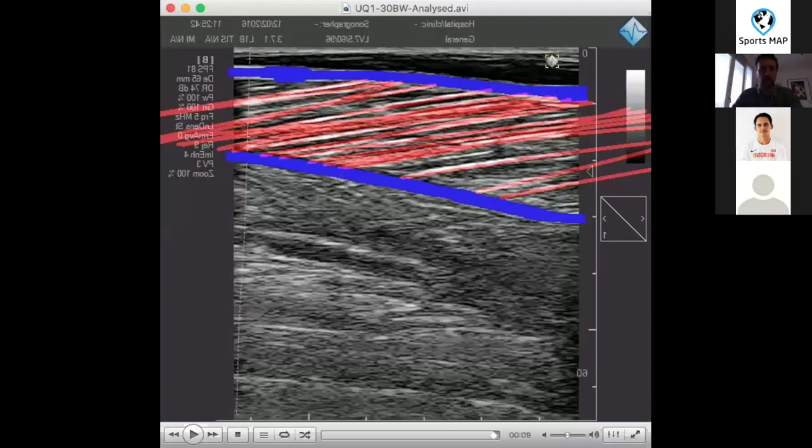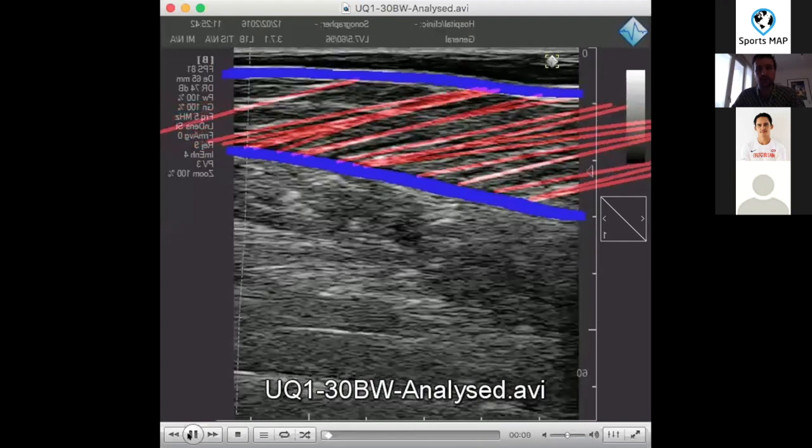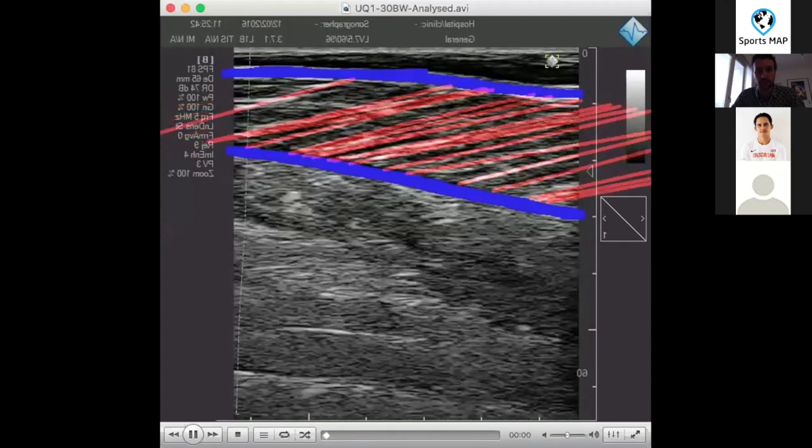Before going to the conclusions, one thing that I want to share with you is this video that's still courtesy of Neil Cronin. And this is a gastrocnemius muscle. I don't know if you can see, it's not really running on my computer.